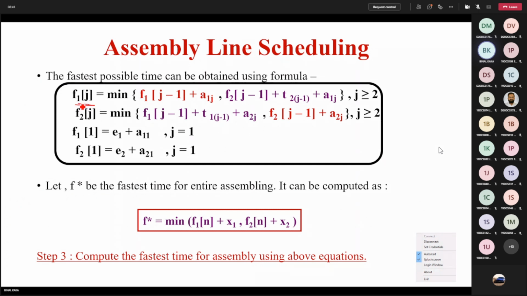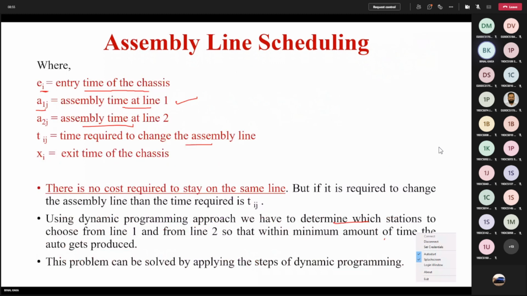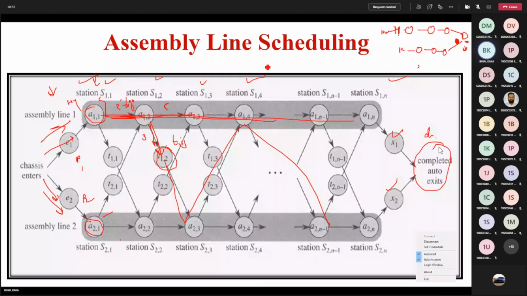f1(j) for assembly line 1, and similarly for assembly line 2. You have to take the minimum because we require the minimum cost. So that's why we mention the minimum.